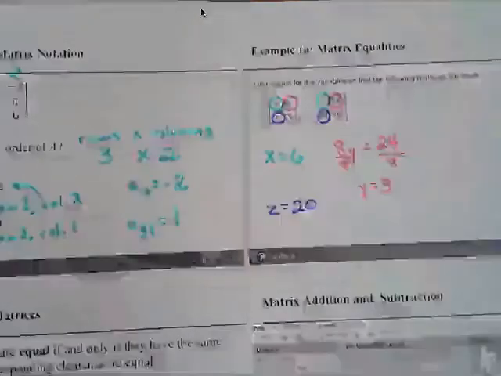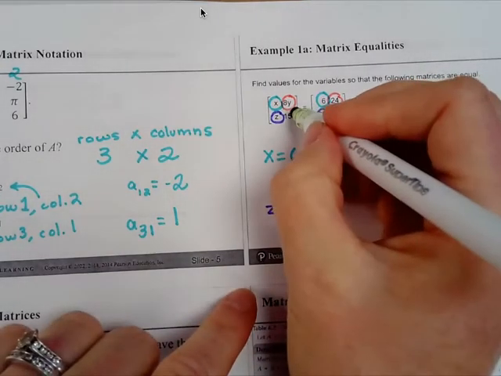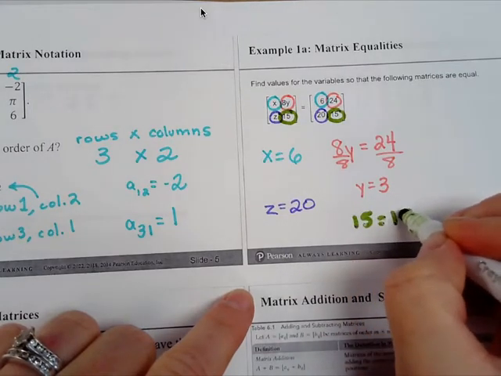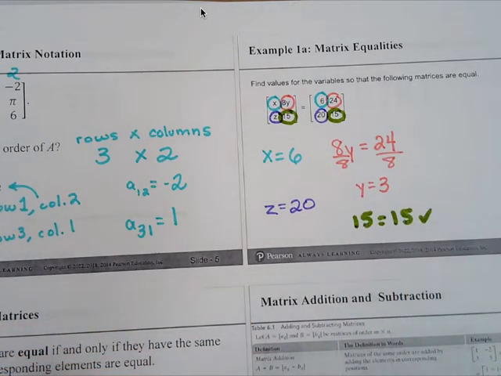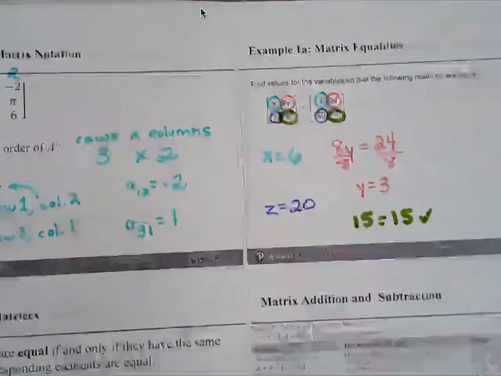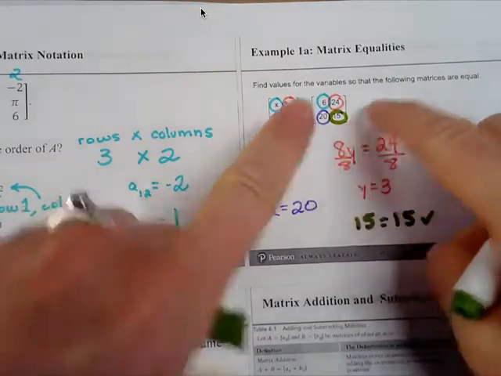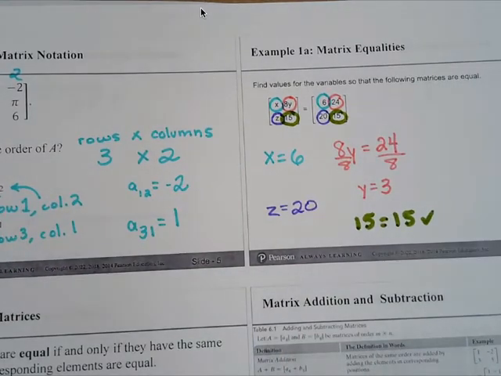And then the last one, it already tells us that they are equal, so 15 equals 15, which is true. If you get matrices where the entries are not equal, then the two matrices are not equal. So it'd be kind of like a no solution there.